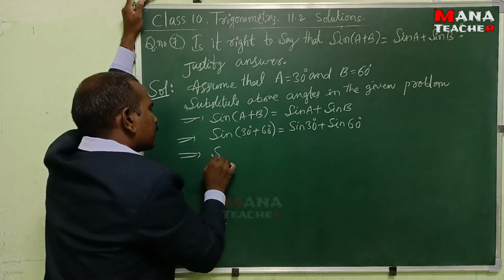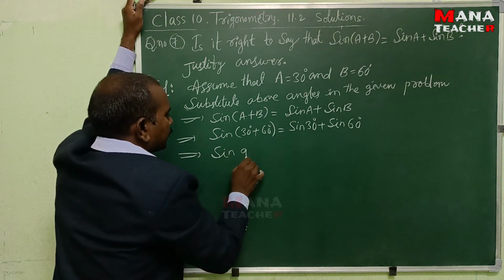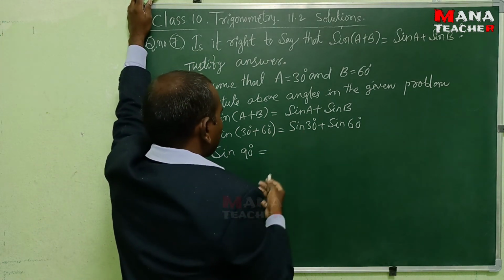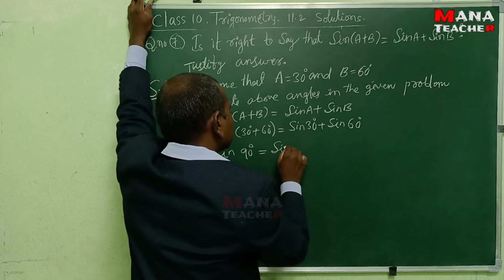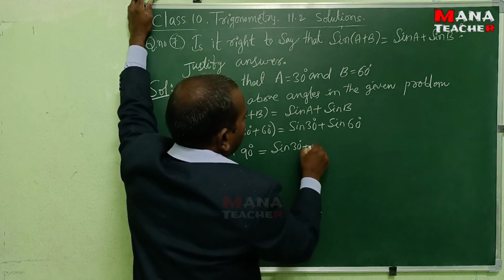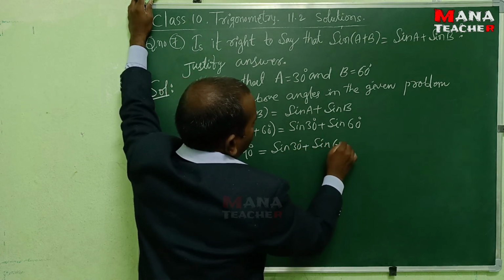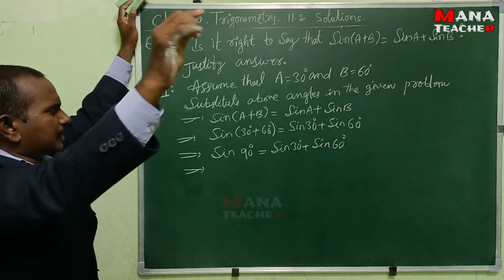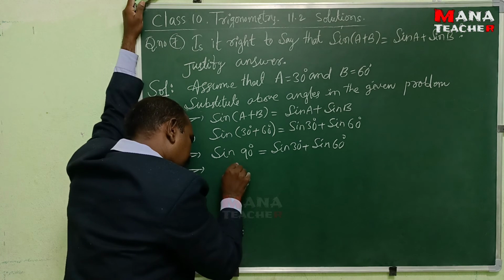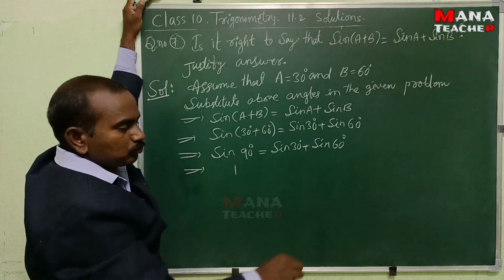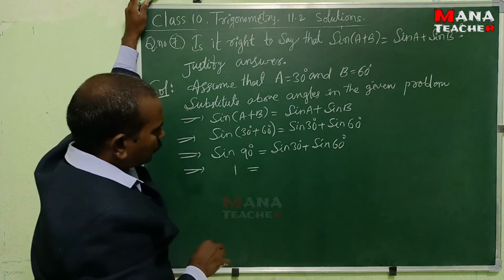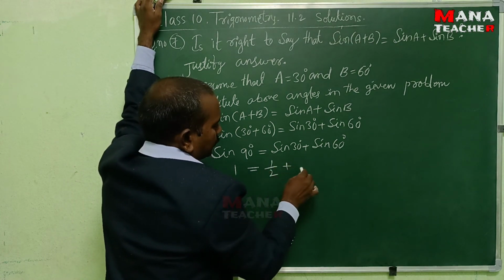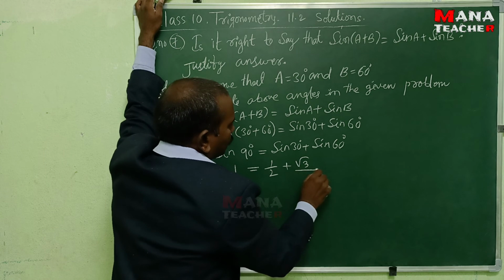Now sin 90 equals sin 30 degree plus sin 60 degree. Now sin 90 degrees equals 1. That should equal sin 30, 1 by 2, plus sin 60, root 3 by 2.